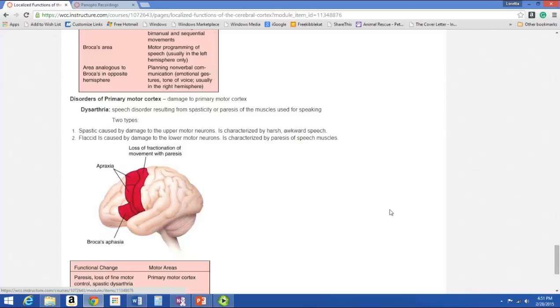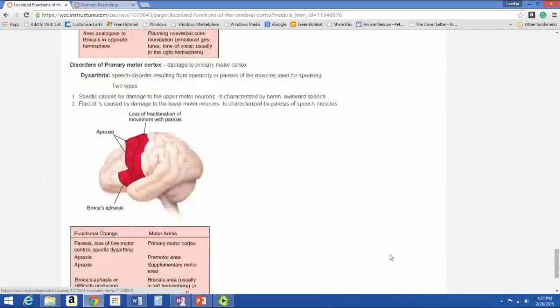So spasticity in the muscles of the limbs, it's harsh, awkward movements, if you think of it that way, or sort of jerky, awkward movements. Flaccidity is caused by damage to the lower motor neurons, and it's characterized by paresis of speech muscles. Just like flaccidity in the limbs, it's caused by damage to the lower motor neurons. So that should make sense, I hope.